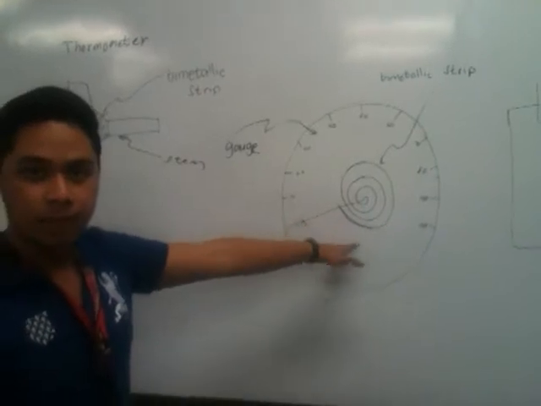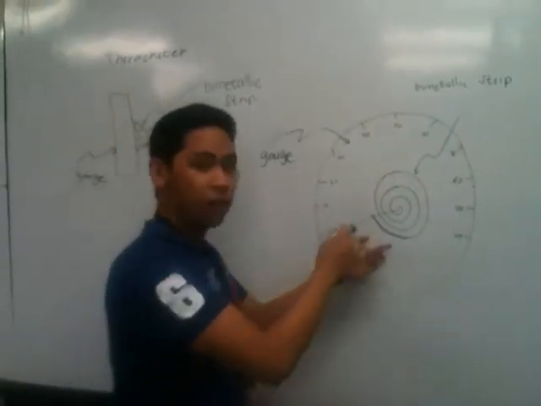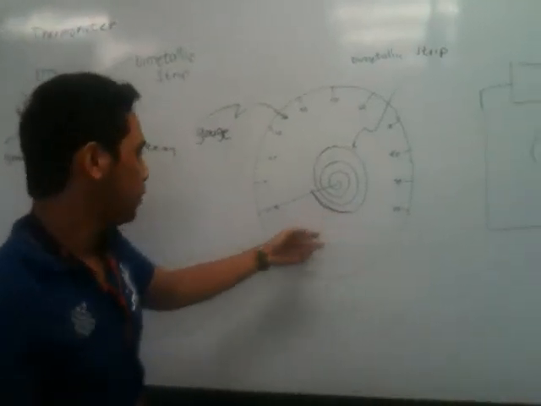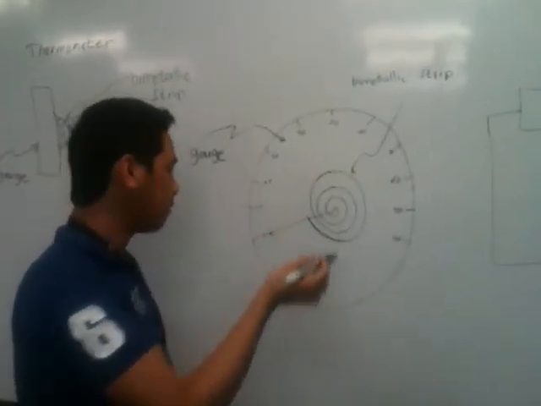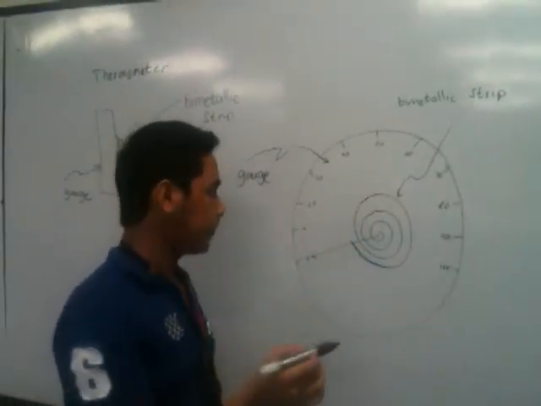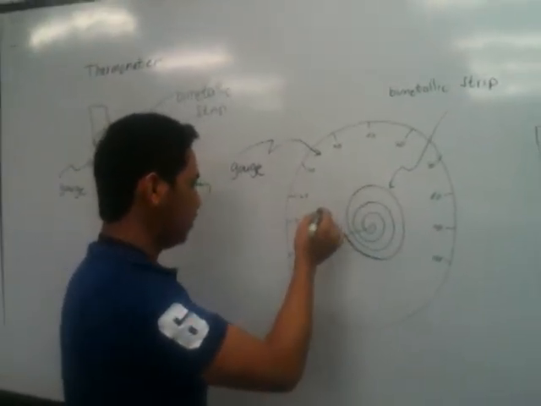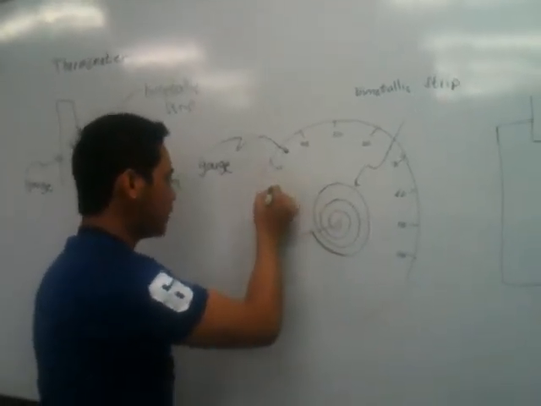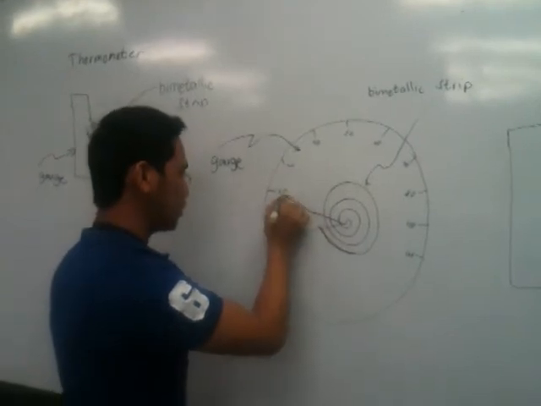This bimetallic strip is coiled, and a coiled bimetallic strip is more sensitive to temperature. So, due to a small change in temperature, it will expand. For example, the initial temperature of the object is 20 degrees Celsius.